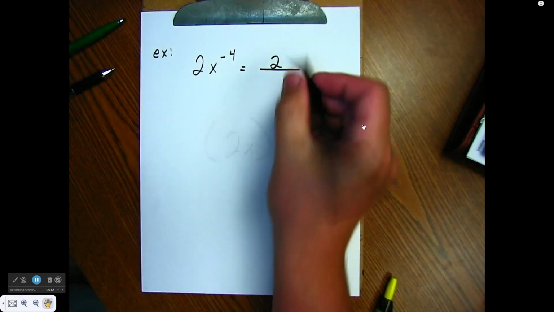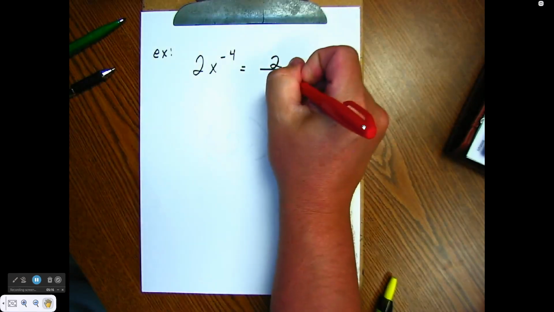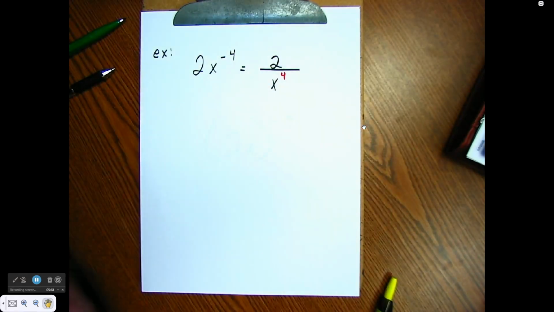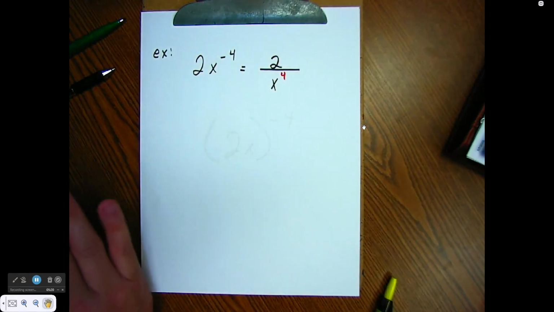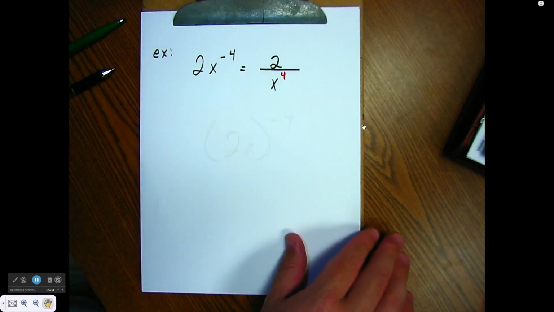The x to the -4 will fall down into the denominator. Crossing the line changes the sign on the exponent only. And that's all there is to this particular example. And that's my final simplified expression.